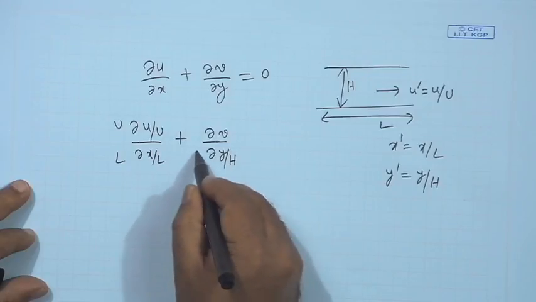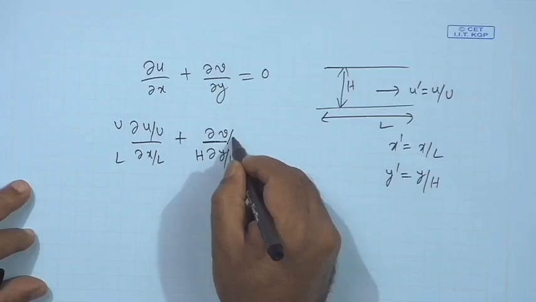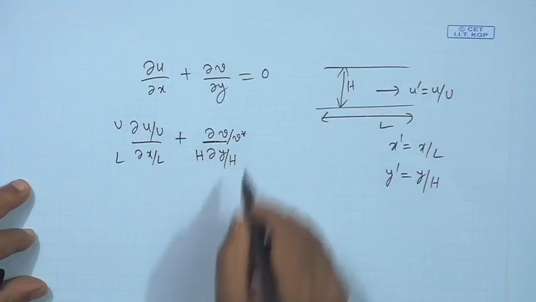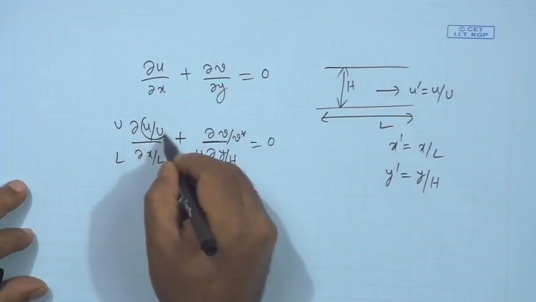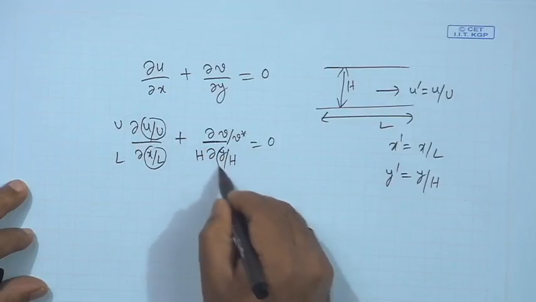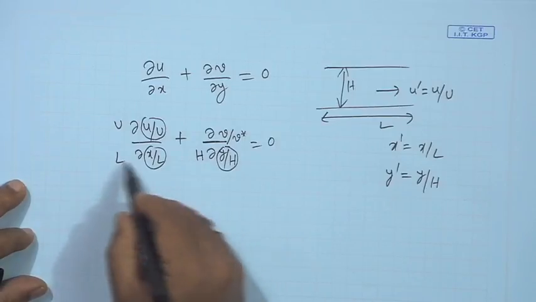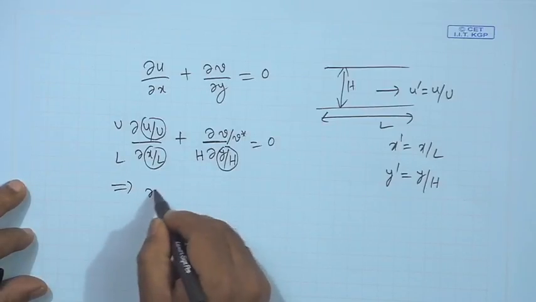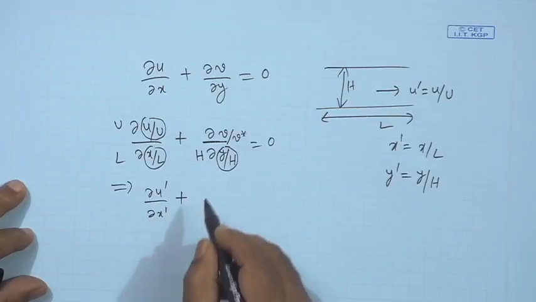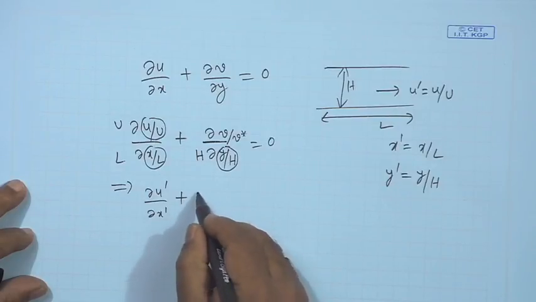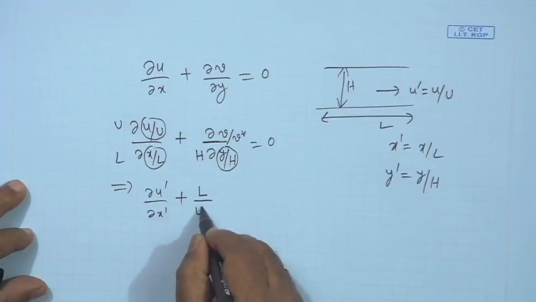So, here we get h. Let us call it V star, which we are trying to estimate. Okay. So, this is a non-dimensional u, non-dimensional x, non-dimensional y, right. So, then plus we get L by u h.